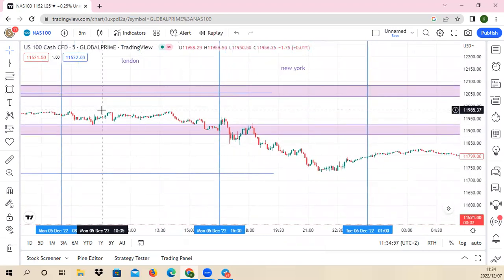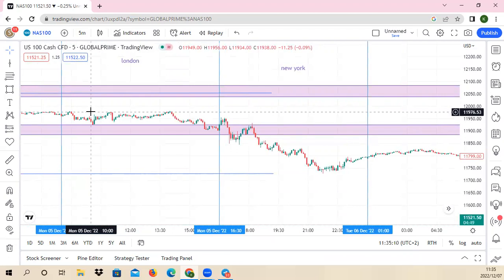So we can see that in this instance here, there was a high created. You can see there was a high created. There was a low created as well. So this high was not taken out. So there's 2 compounded highs already in this market, you see.